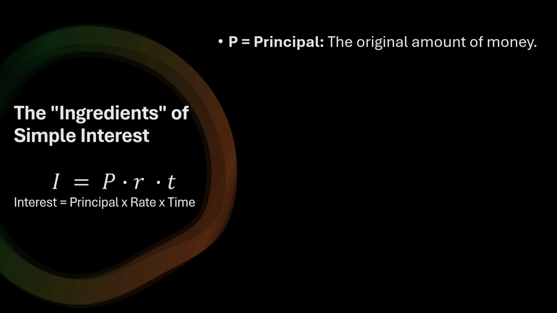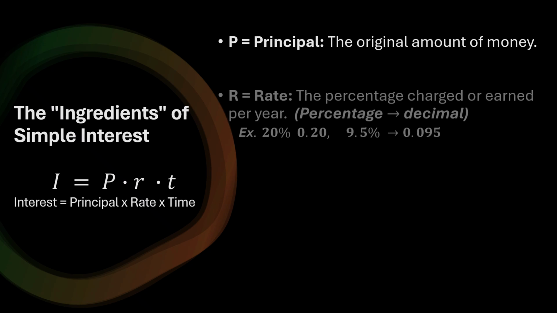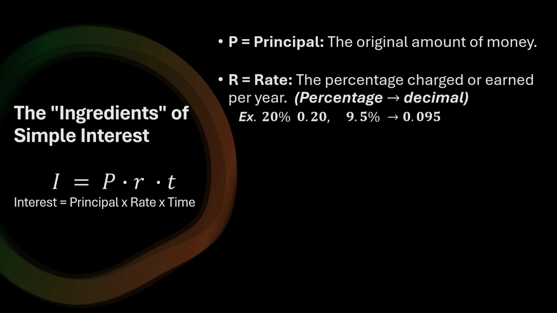P stands for the principal. This is the original amount of money, or the initial money, or we call this the capital amount of money. The second is the R, or the rate of interest.